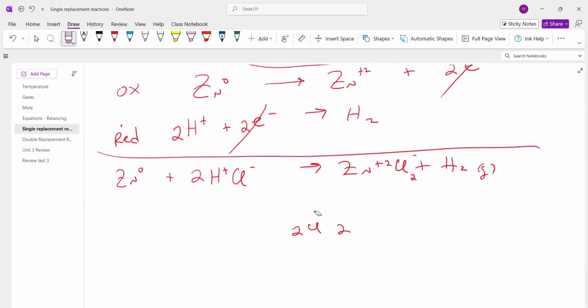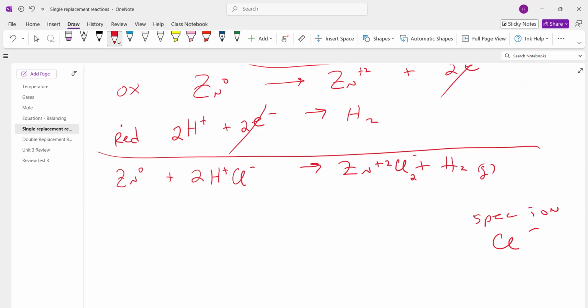So what's the spectator ion? Chloride. Notice I say spectator ion, so there's a charge associated with it. It's not Cl, it's Cl minus.